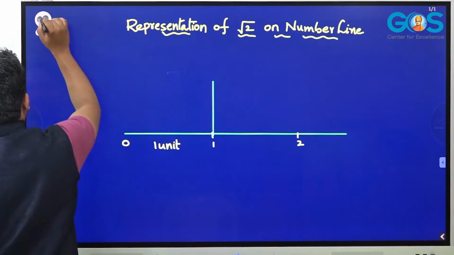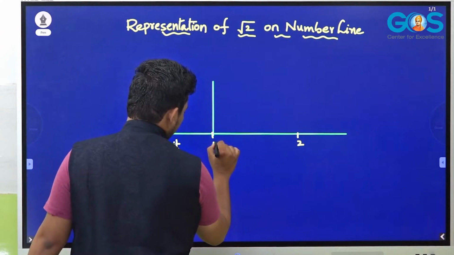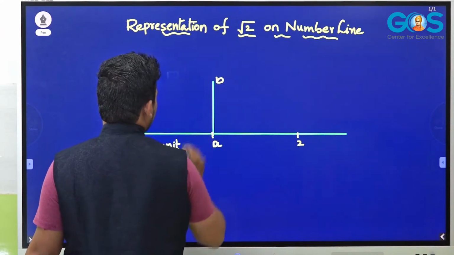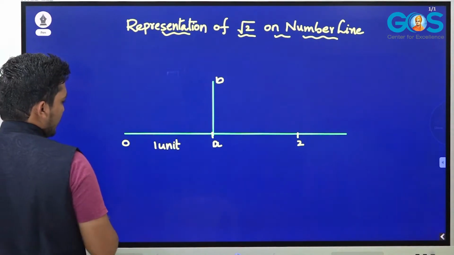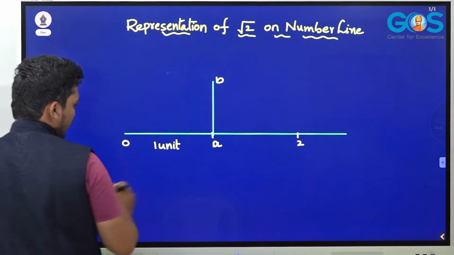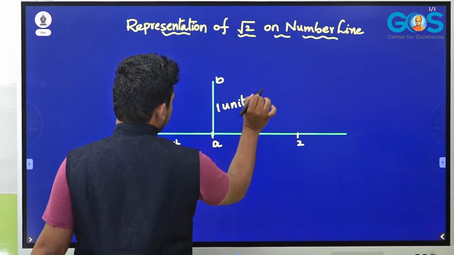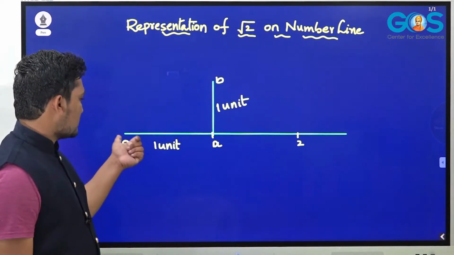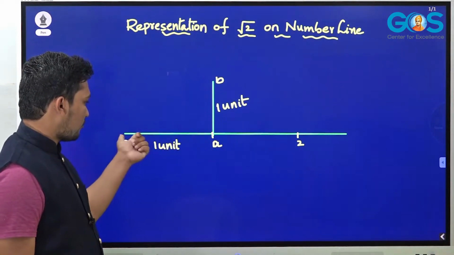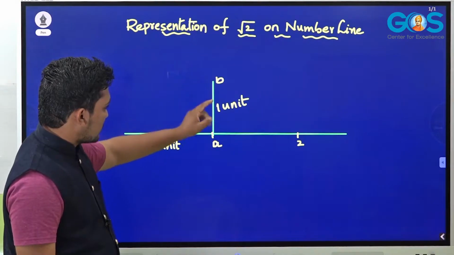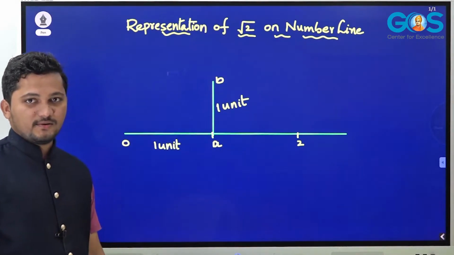Let us assume this point as A, this point as B, and this point as O. The distance from O to A is 1 unit, and from here to here also you should take 1 unit.